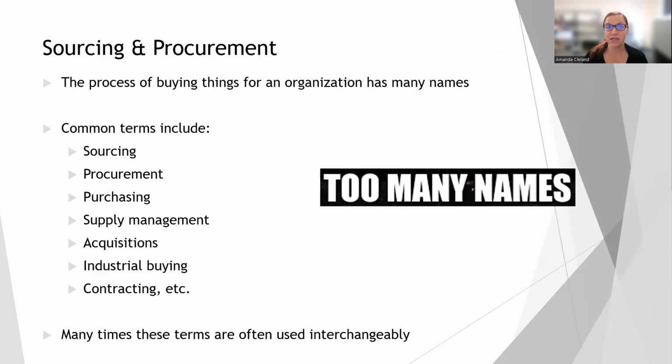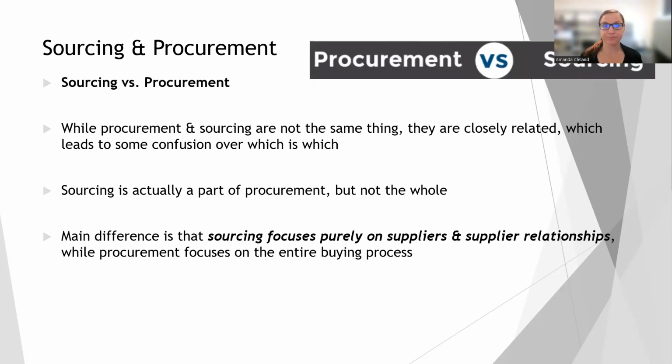You may see buying, industrial buying. You may see contracting. So there's a lot of different names that people use for the act of buying things for an organization. And a lot of times these terms are often used interchangeably, or they have different meanings depending on what organizations use them.